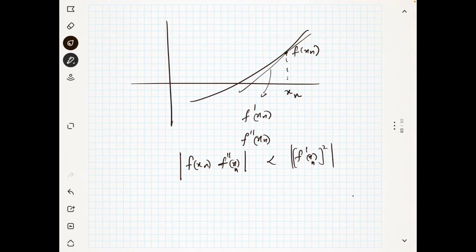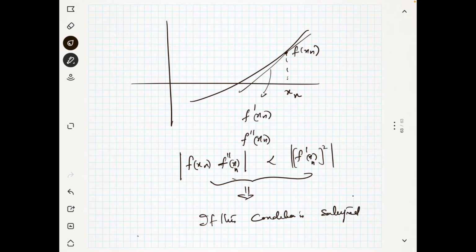If this is less than this, if this condition is satisfied, then the algorithm or the method converges. Okay, so that is the idea of convergence.